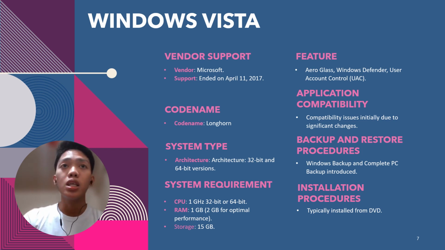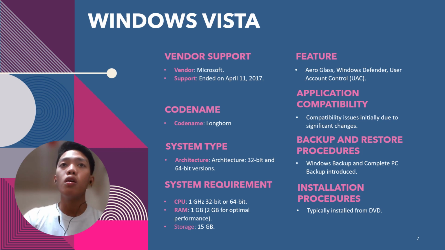Application compatibility: compatibility issues initially due to the significant changes. Initial compatibility challenges prompted developers to update their software to align with new security and architectural changes. Backup and restore procedures: Windows Backup and Complete PC Backup introduced.